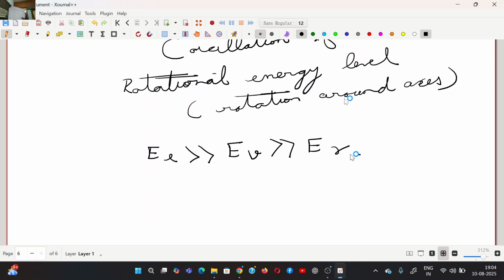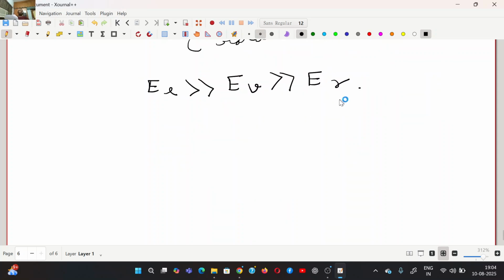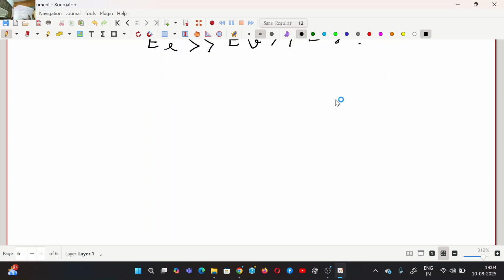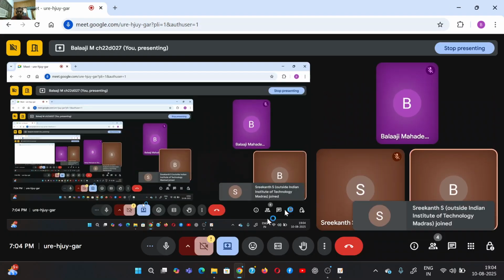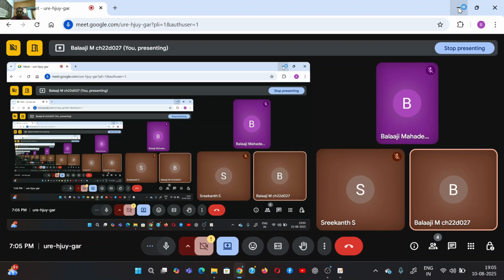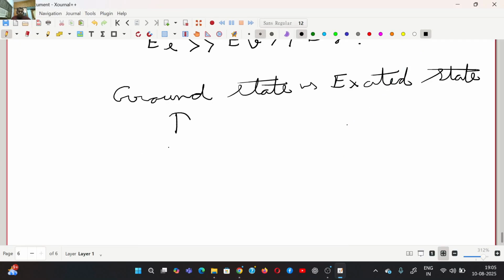Couple of other concepts I want to cover here. Ground state versus excited state. So ground state is at room temperature. Okay, ground state is the lowest possible energy configuration.